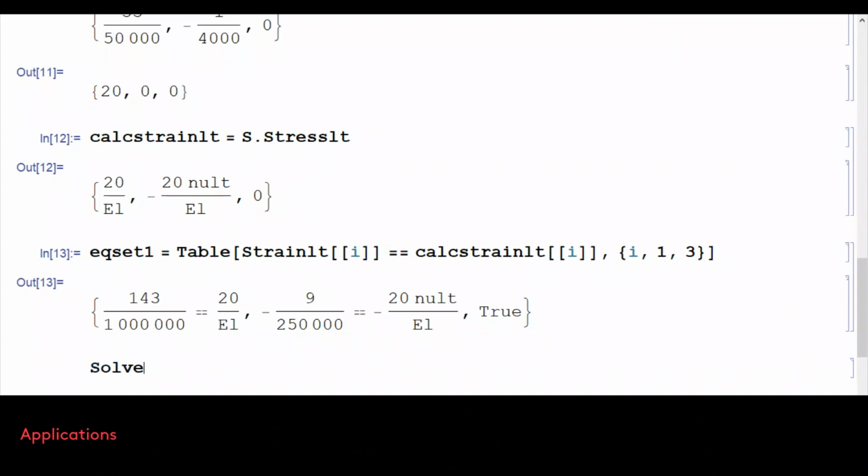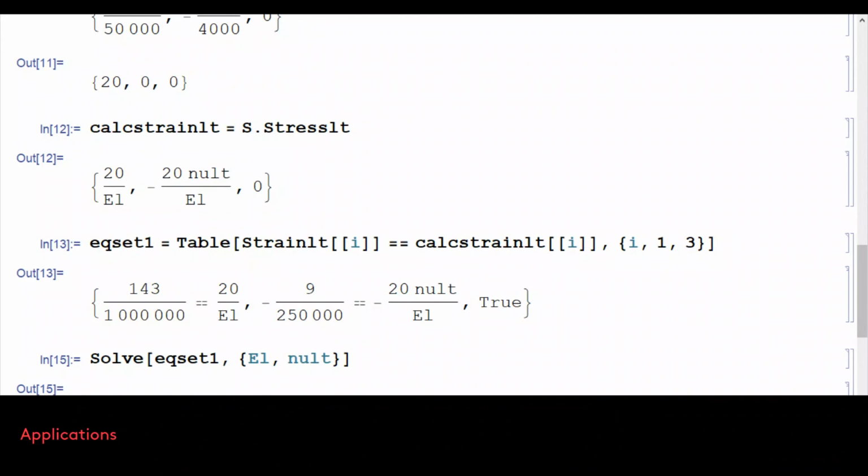I will use the solve command for equation set 1, for EL and nu LT.